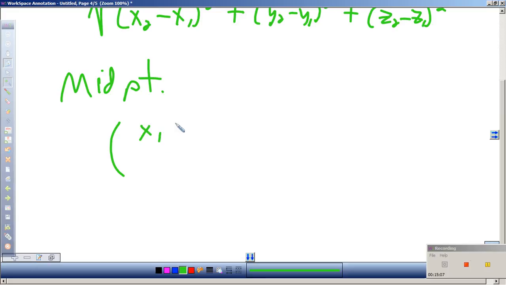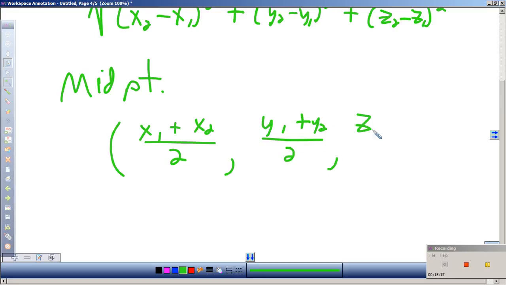Just like 2 dimensions: x1 plus x2 divided by 2, comma, y1 plus y2 divided by 2, comma, z1 plus z2 over 2. So basically identical to what we had with 2 dimensions, just adding our z component in.